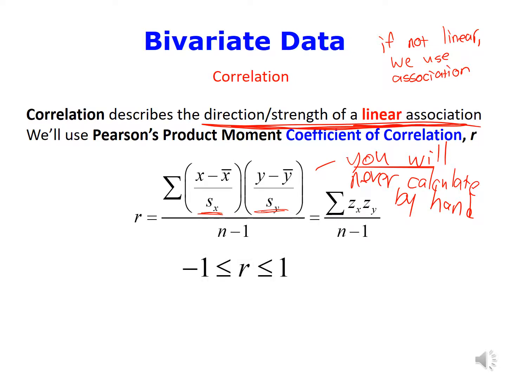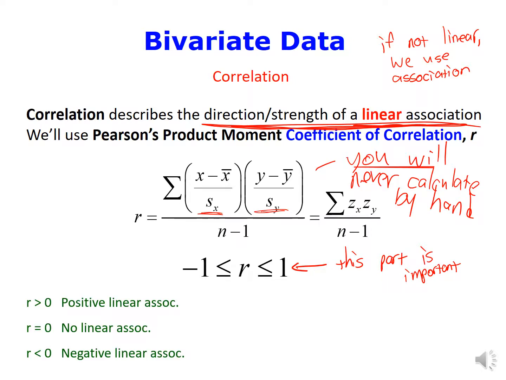What you do need to know, and this part's important, is that r is always a number between negative 1 and 1. If r is greater than 0, then it tells us that there's a positive linear association, so we would have a line with a positive slope.